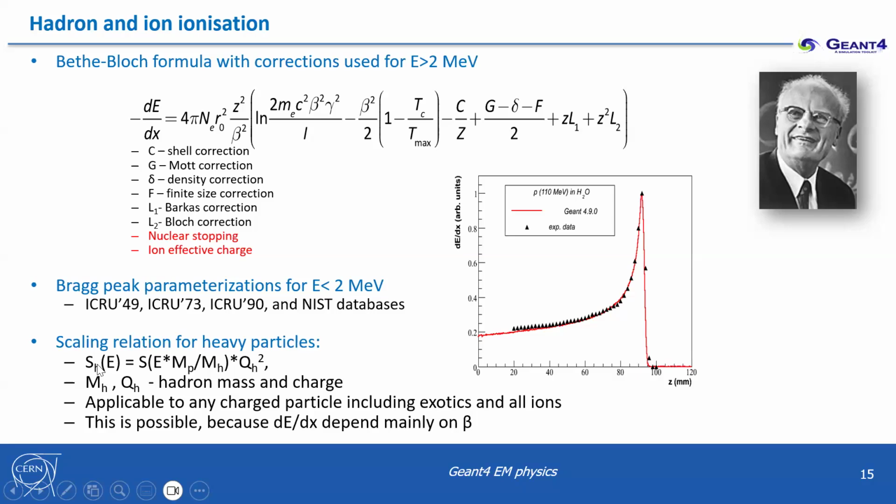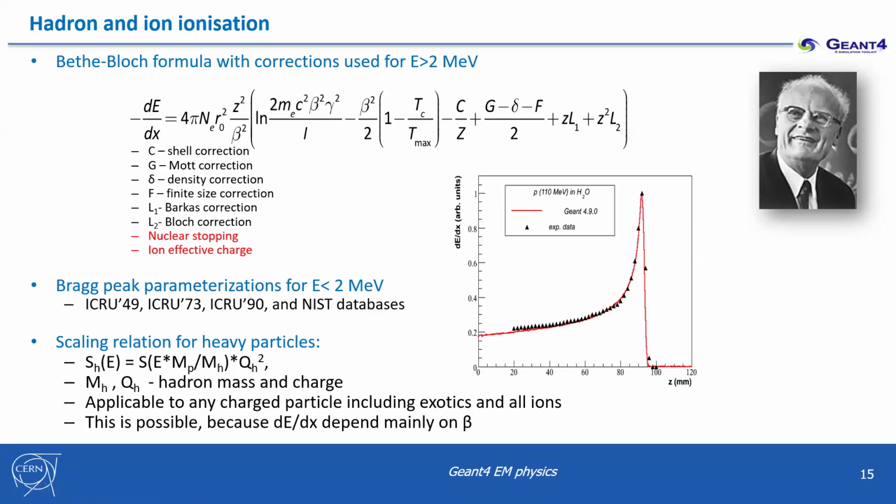Stopping power or dE/dx for any charged particle may be expressed via dE/dx of a proton, but at a different energy. We should multiply energy by the ratio between the mass of the proton and the other hadron. And we need, of course, to multiply by the electric charge of the hadron squared, because the proton has charge 1.